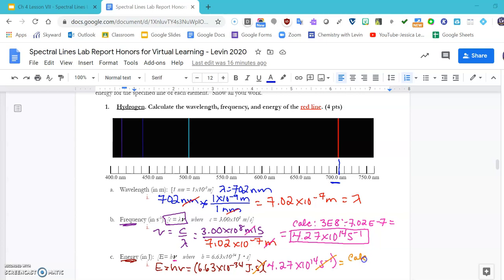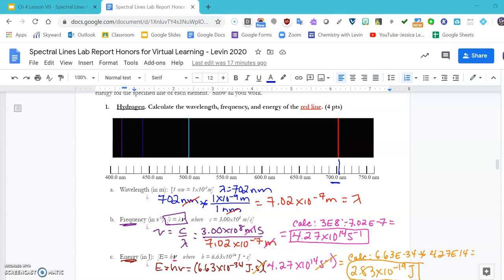And in my calculator, I would put 6.63 E negative 34 times 4.27 times 10 to the 14th, which is going to be E14. So this in my calculator is 2.83 times 10 to the negative 19th joules of energy.